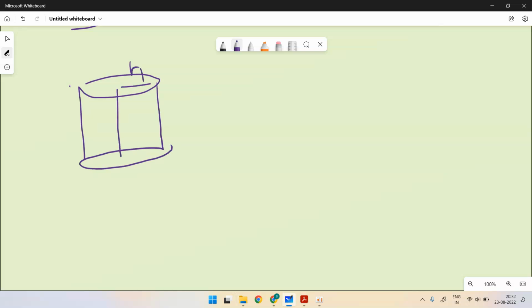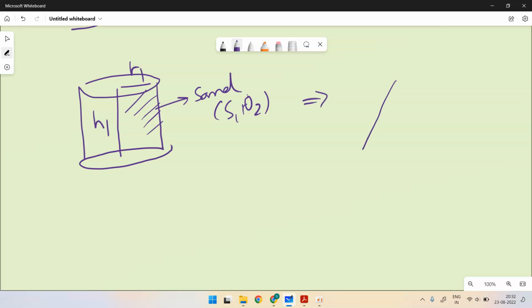There is a cylindrical bucket with R1 and H1, completely filled with sand, SiO2. This needs to be formed into a sand cone.